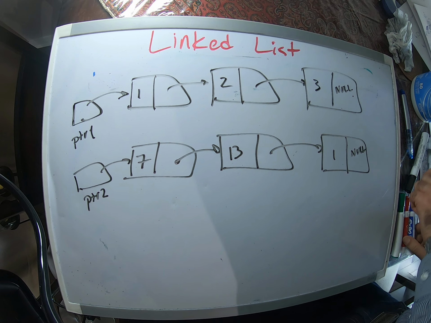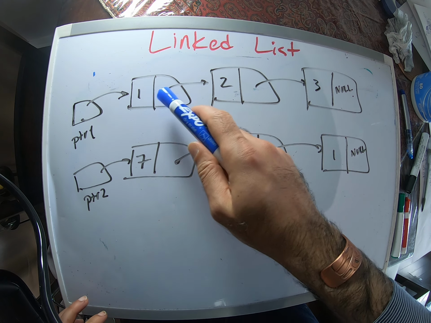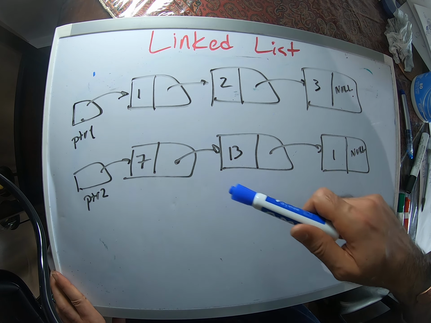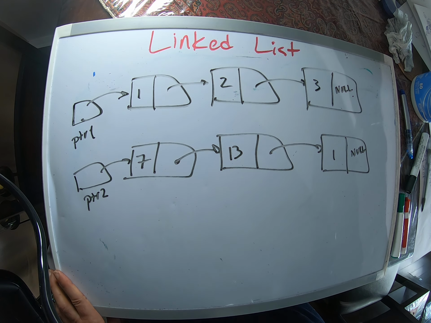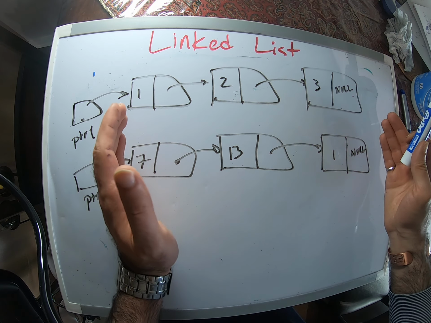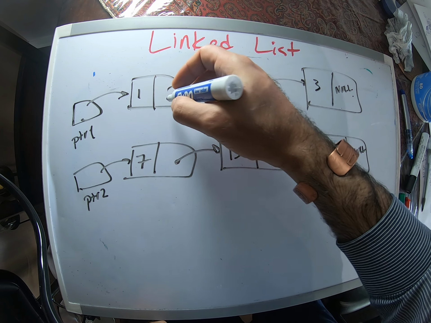Okay, what we want to do, excuse me, we want to end up with just one linked list, like the appending we did before, right? But instead of just appending this list at the end of this one, we want to do something like this.